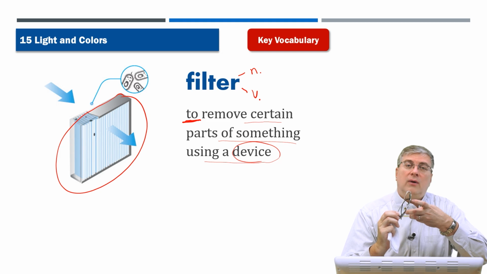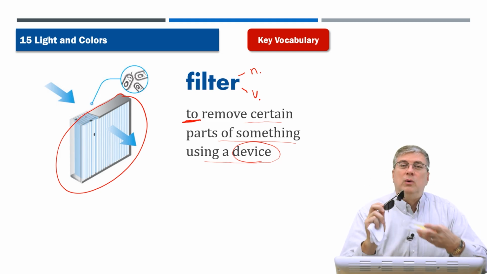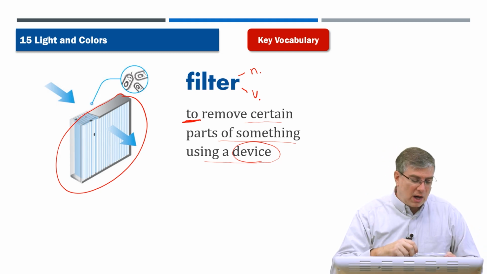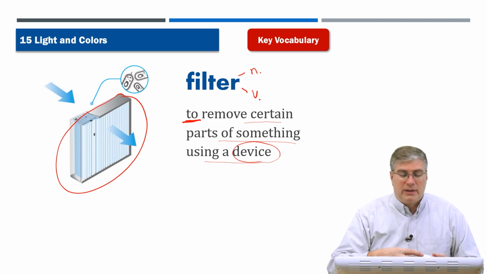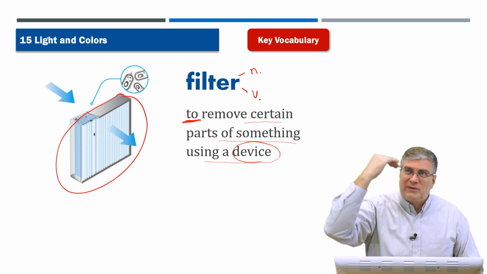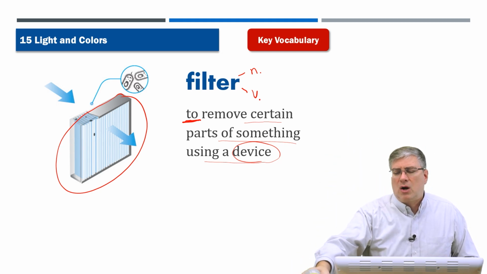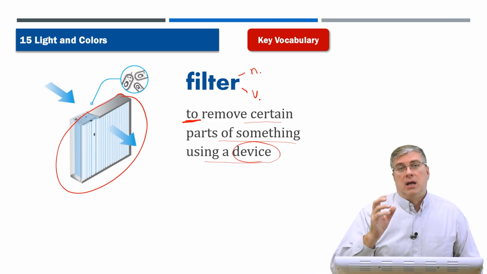They prevent harmful light from getting to your eyes. So the sunglasses will filter out a lot of the sunlight to protect your eyes on a sunny day, or especially if it's a sunny day and you're on a boat. Right? So you get sunlight from the sun and also from the water. That's too much light for your eyes. It might be harmful. So the sunglasses will filter out a lot of the light.